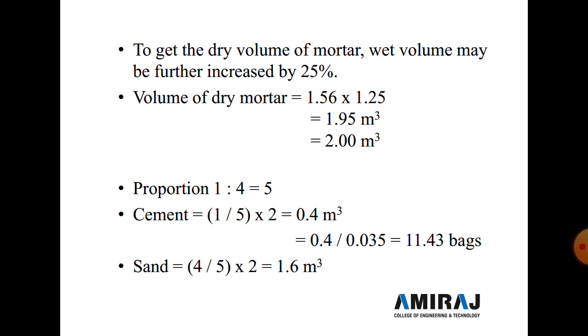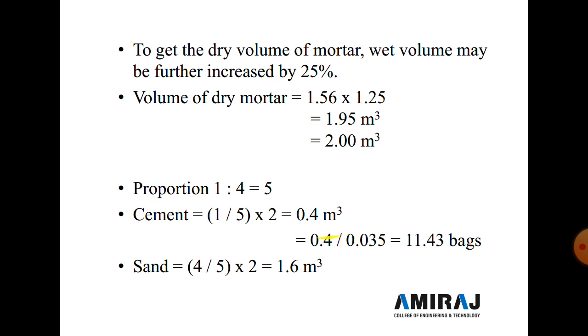Now here the proportion for the plaster work is 1:4. So here 1:4 proportion, so the summation of 1 plus 4 is equal to 5. So for finding out the cement, 1 divided by 5, so 1 is one part of the cement, and 5 is the summation of 1 plus 4, multiplied by 2, so 2 we got the value from here.